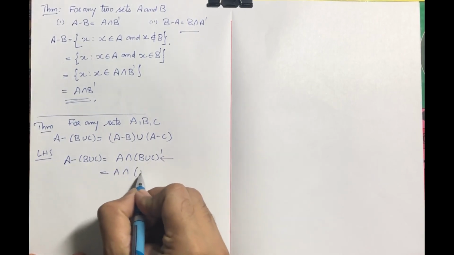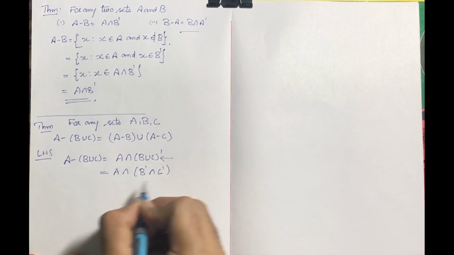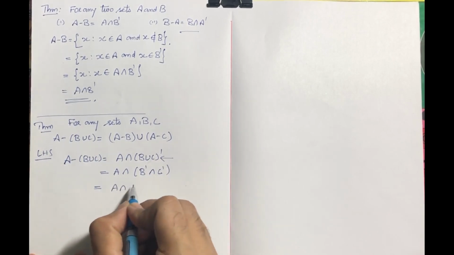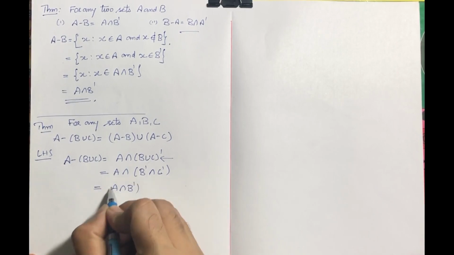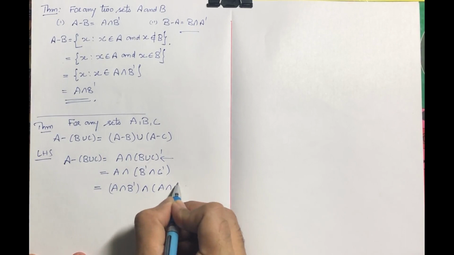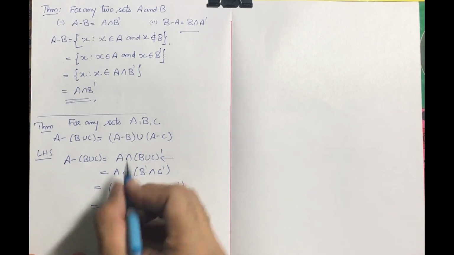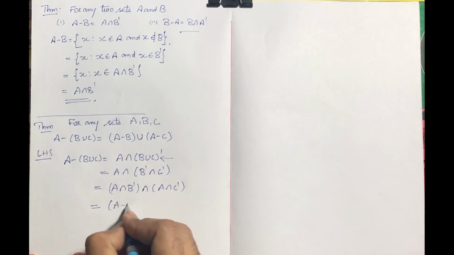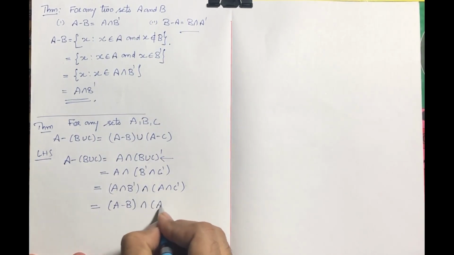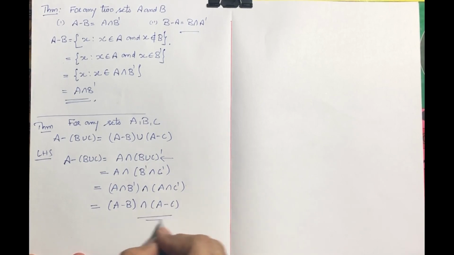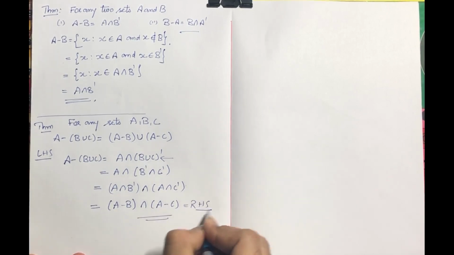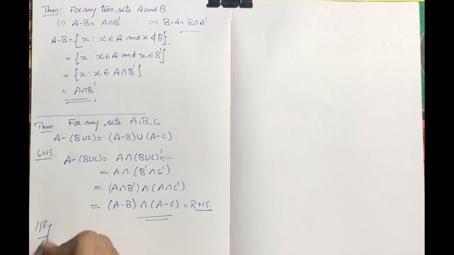By that law, this is B' intersection C', and further applying the distributive law, A intersection B' intersection C'. So again using the above result, this is (A minus B) intersection (A minus C), which is the right hand side. So similarly, we can prove A minus (B intersection C) is equal to (A minus B) union (A minus C).